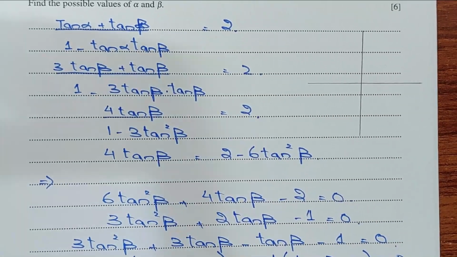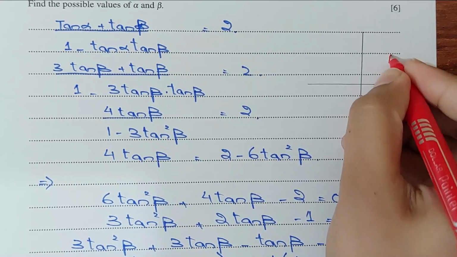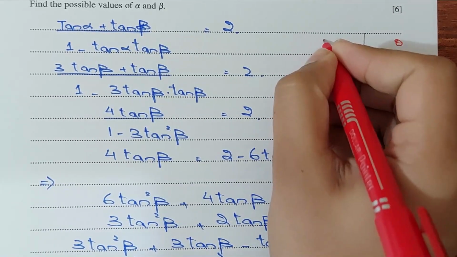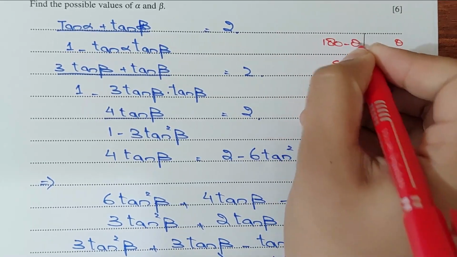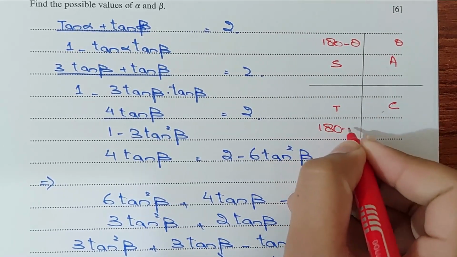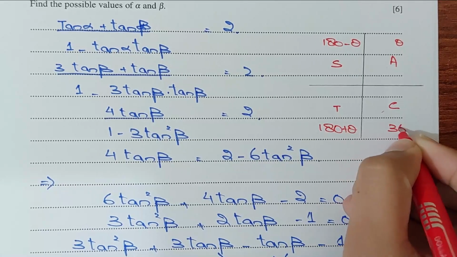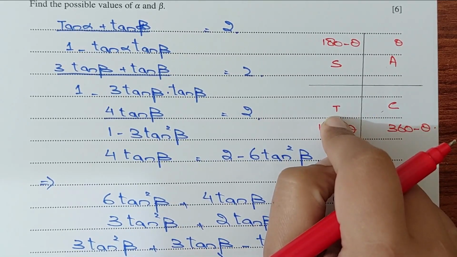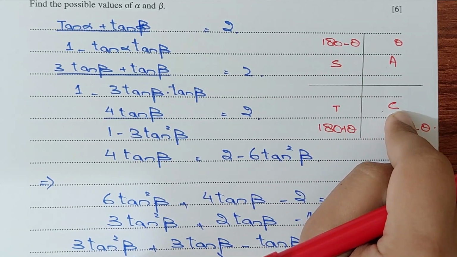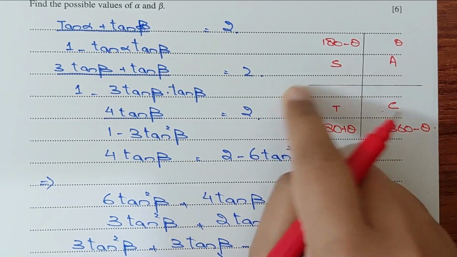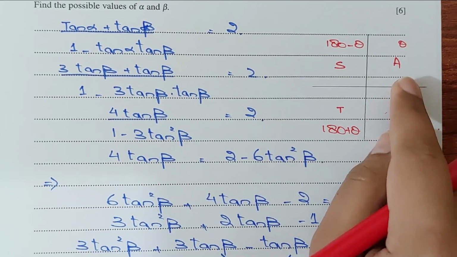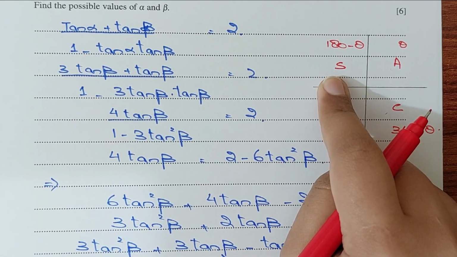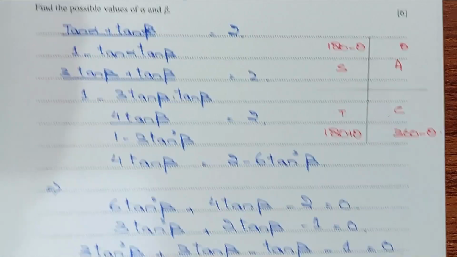So if I use the CAST rule, we have C, A, S, T, theta, 180 minus theta, 180 plus theta, and 360 minus theta. So tangent is positive in the first and third, but it is negative in the second and fourth quadrant. And the domain we have been given is between 0 to 180 degrees, right? So we have to do only the second quadrant where the tangent is negative. So we do 180 minus the theta value.